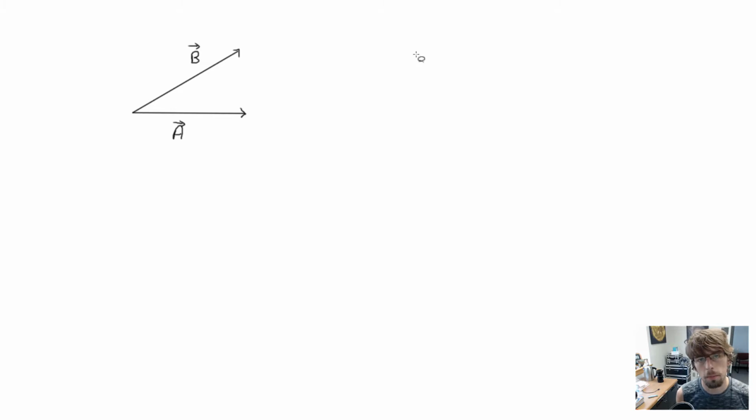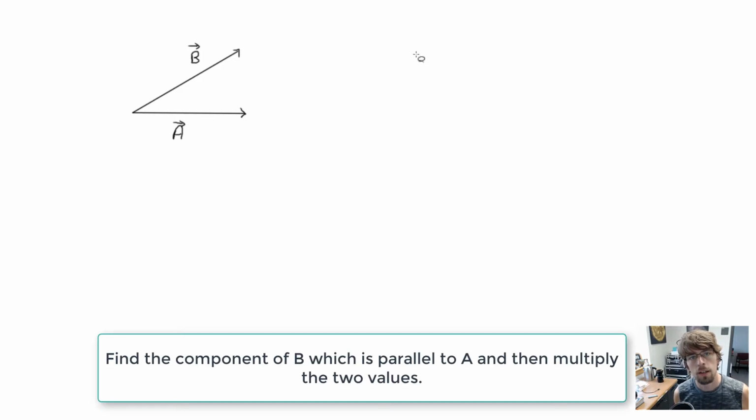Now, how you could think about the dot product is this is one way of thinking about it. It's finding the component of B that is in the same direction as A, and then multiplying those two numbers together. So find the component of B that is in the same direction as A, take the magnitude of those two pieces, and multiply them together.